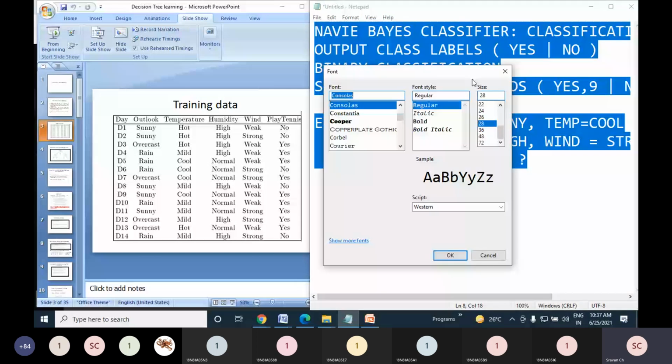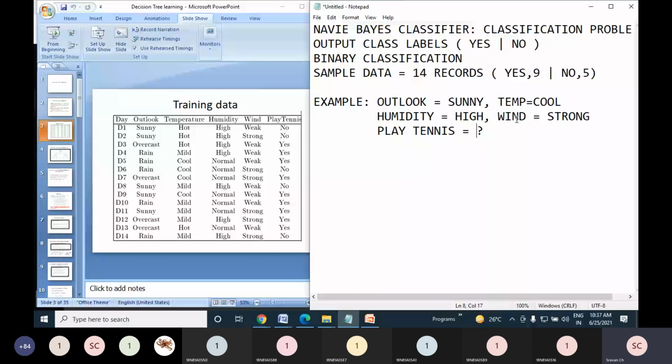Outlook is equal to sunny, temperature is equal to cool, humidity is high, wind is equal to strong. This particular example is not there in my sample data, my dear friends, so I can't look into the sample data and tell whether it is yes or no. Sample data is only 14 records, and the question which is asked is not there in it. So I need to develop a classifier model, and that classifier model should tell whether he is going to play tennis or not.